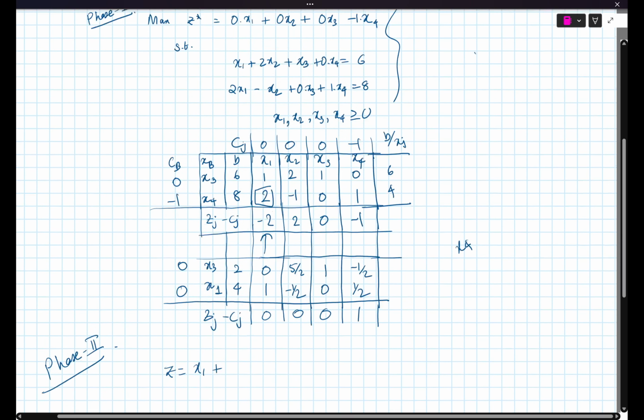So 4 minus 5 by 2 is 3 by 2. 1 minus half is half. 1 minus 1 is 0. 0 minus half is minus half. And 1 minus 0 is 1.